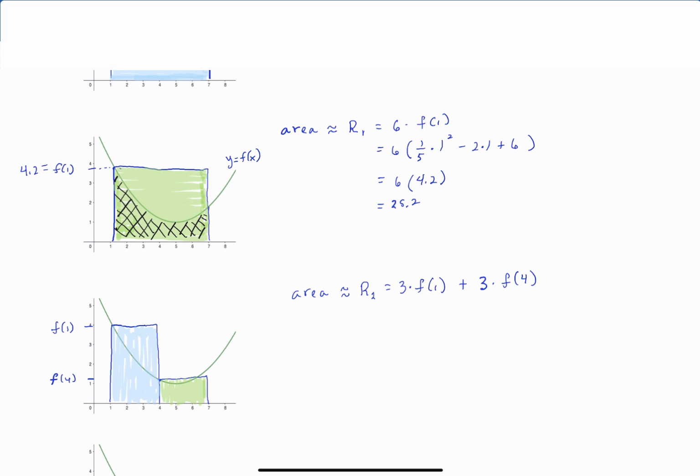So doing this computation, I'm going to have 3 times f of 1, but we already computed f of 1 as 4.2, so I don't need to go through that again. And then I'm going to have plus 3 times f of 4, and f of 4 will be 1/5 times 4 squared minus 2 times 4 plus 6.